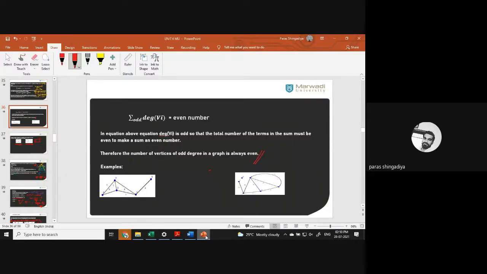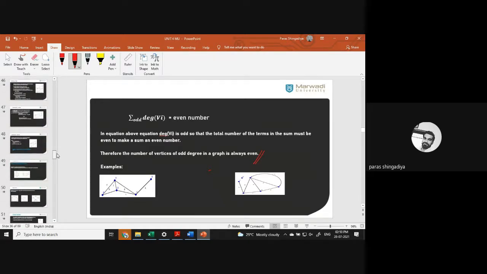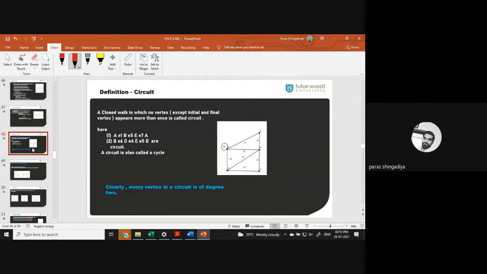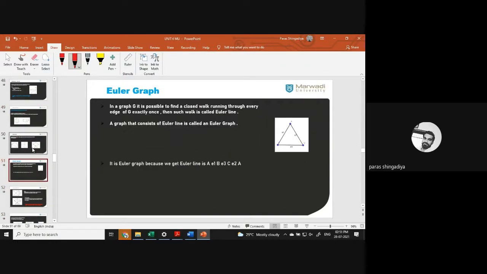Guys, I just shared the slide with you. Just refer to this again. That is the Euler graph definition. In place of that, you have to draw another graph, the Euler one.